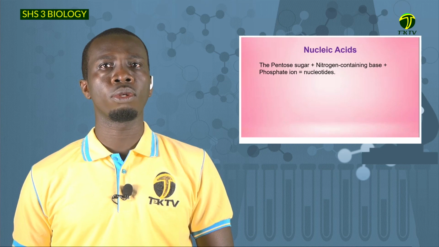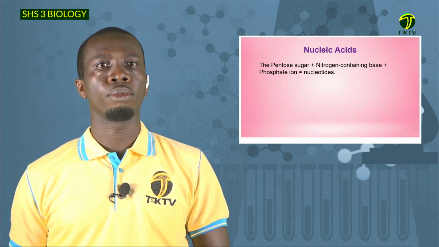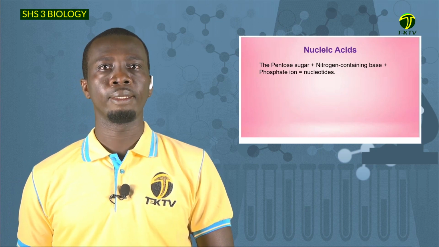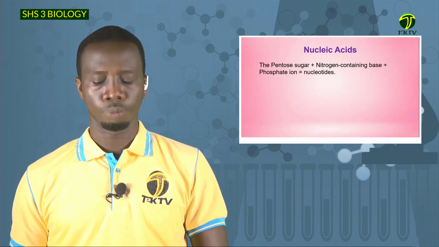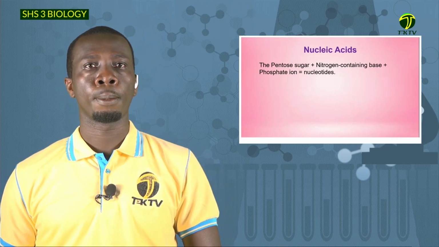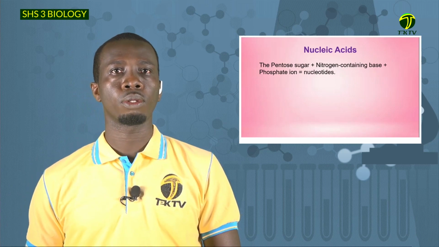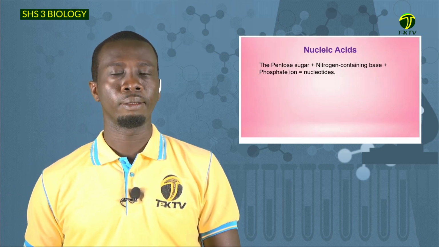However, this nucleic acid is a chain consisting of the pentose sugar that we mentioned, the nitrogen-containing base, and the phosphate. And each particular chain is called nucleotide.